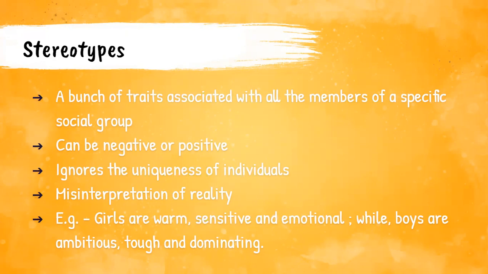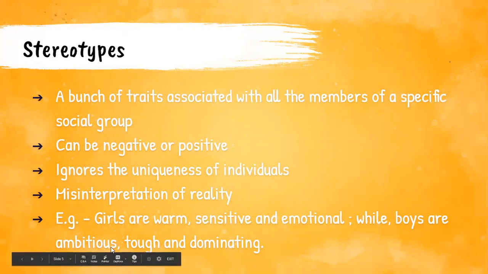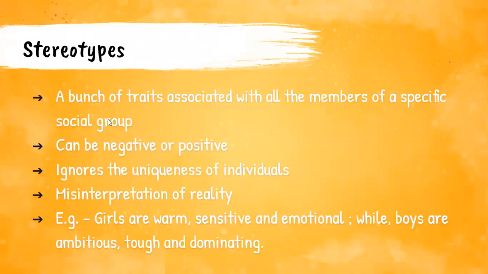Now, stereotypes, students, is when a bunch of traits are associated with all members of a specific social group, which can be negative or positive both. Now, when I say this, I want to explain this first. Stereotypes are about groups.